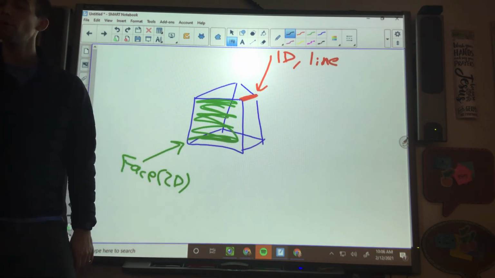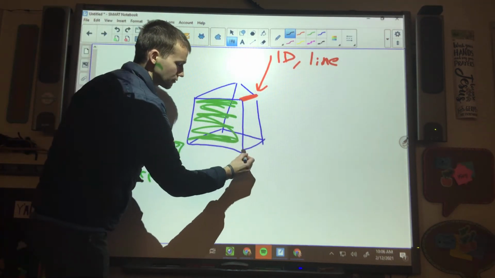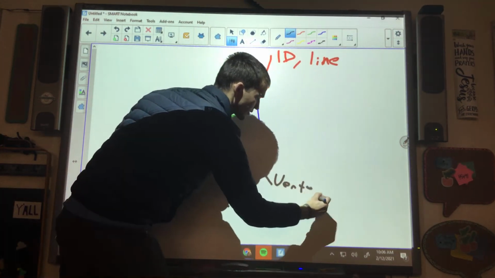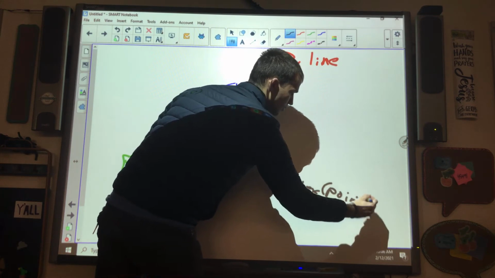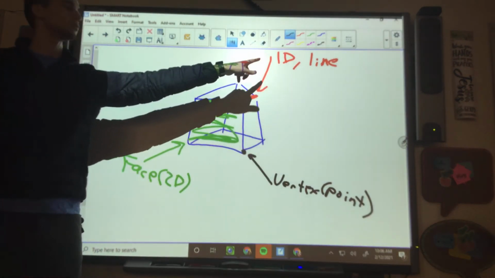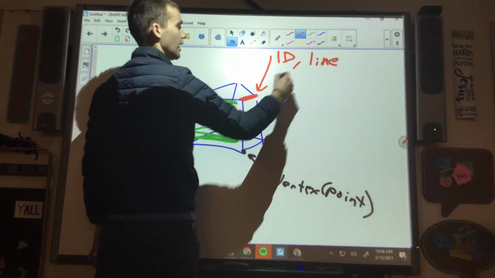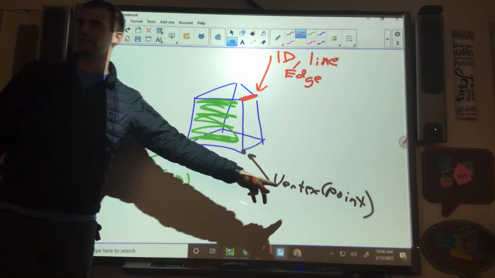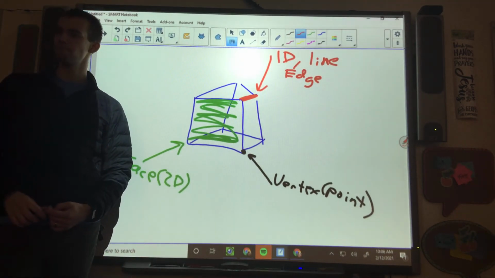A corner. Yes, it's a corner or a point. So that is a vertex or a point. So face, edge, vertex. The book also mentions something from a base, so I think we already got the idea what a base is.